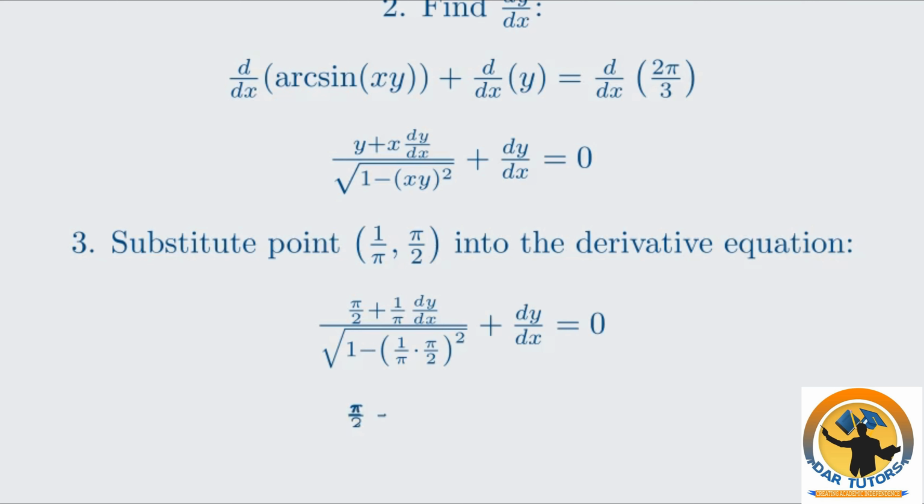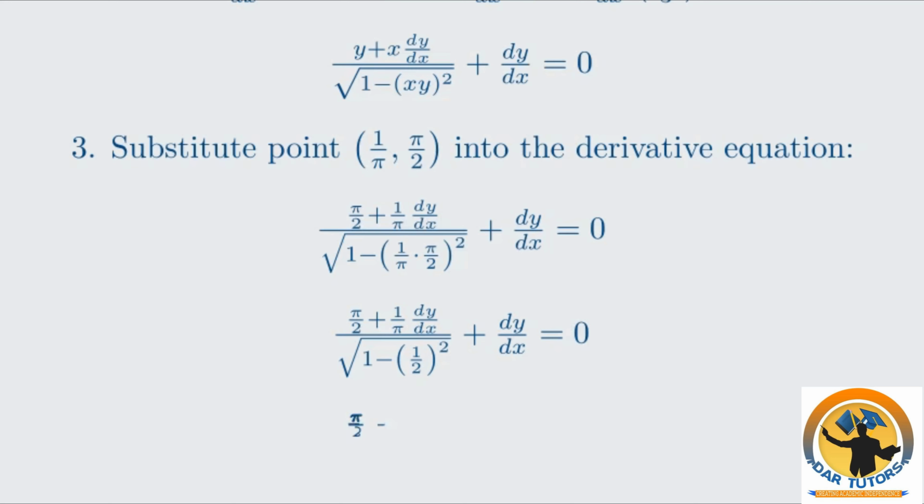The term xy becomes 1/2. So we have pi over 2 plus 1 over pi dy/dx, all over the square root of 1 minus 1/4, plus dy/dx equals 0. The square root simplifies to root 3 over 2.